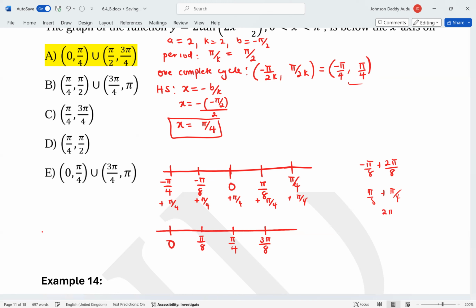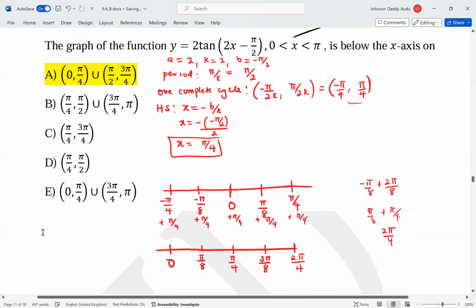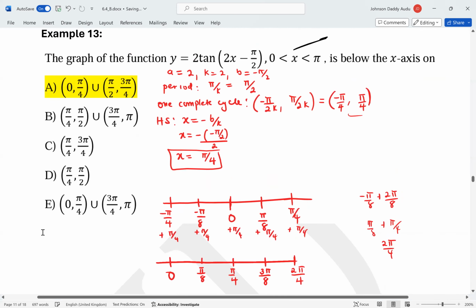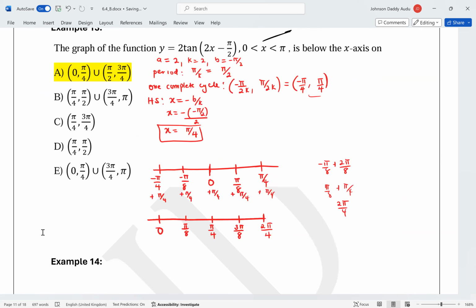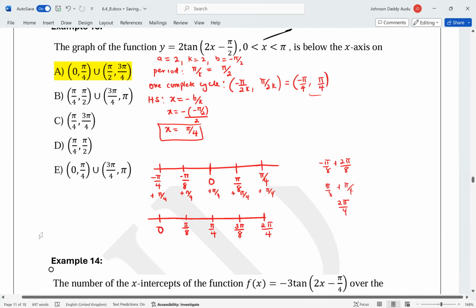So this is 2 pi over 4, which we can just leave as 2 pi over 4. Okay. Now, if you look at what we have, we are interested in the graph from where? From 0 to pi. So you can see that we don't have enough yet.